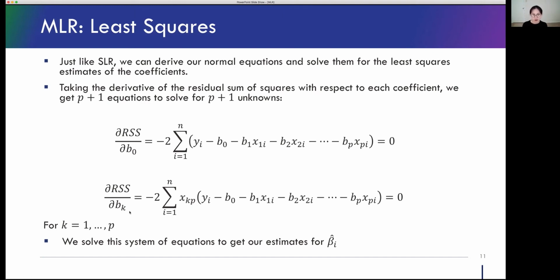And we solve the system of equations to get our estimate for beta i hat, where i goes from 1 to p. So this is the background theory: how do you get the coefficient estimates?